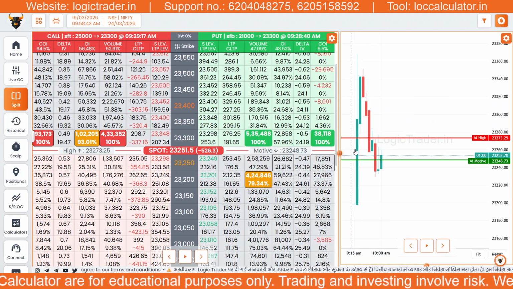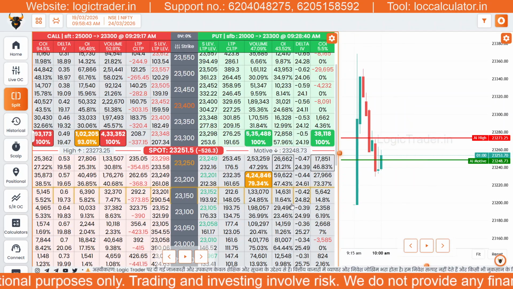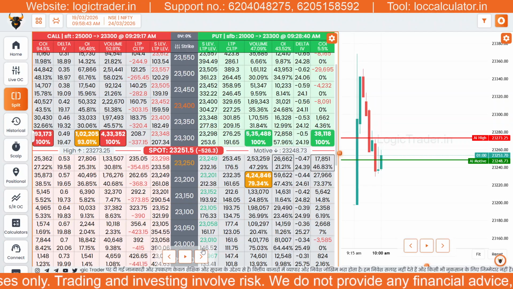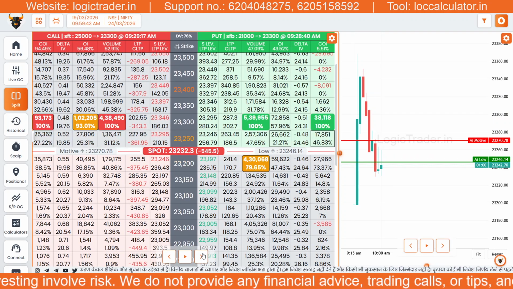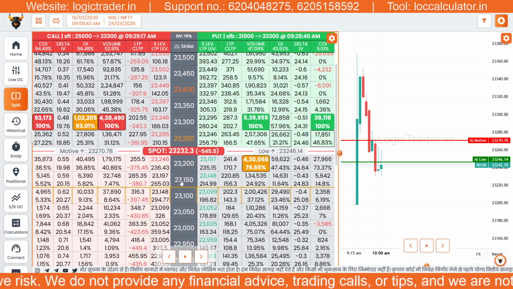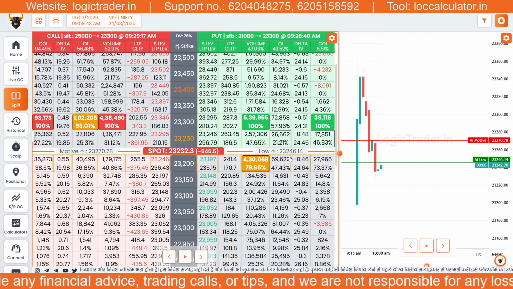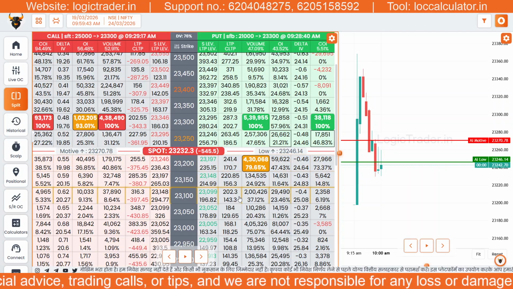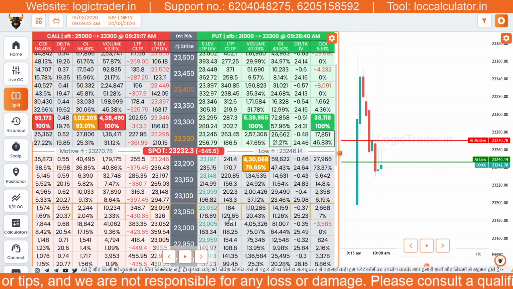But after this point, as the market starts moving downward, we begin to notice a change in the situation. See, now here the motive appears on the call side and the low level on the put side.